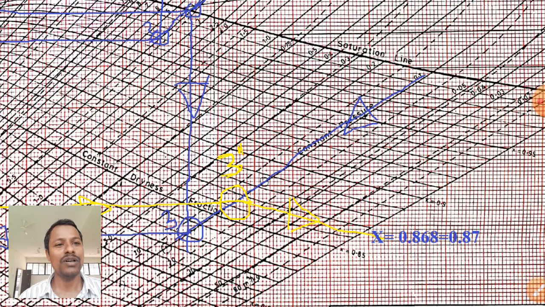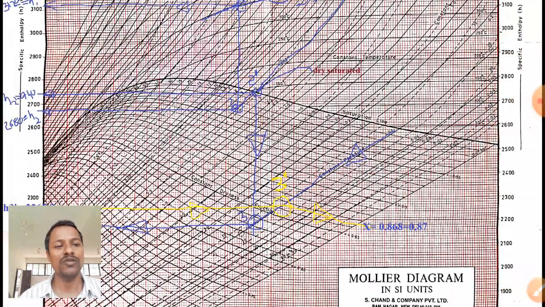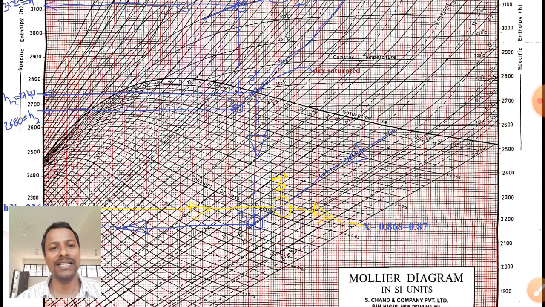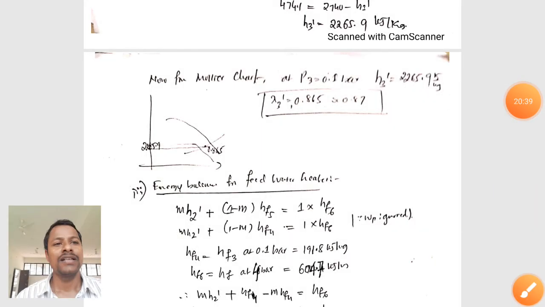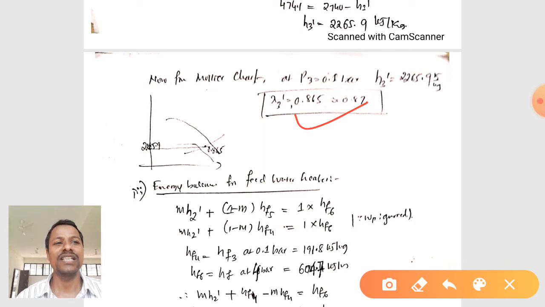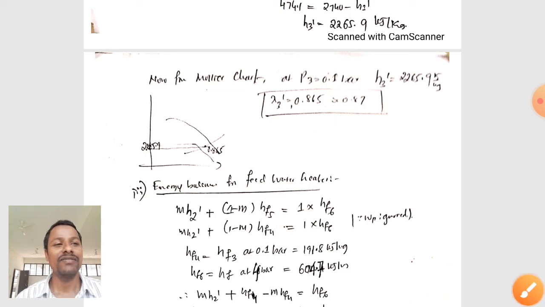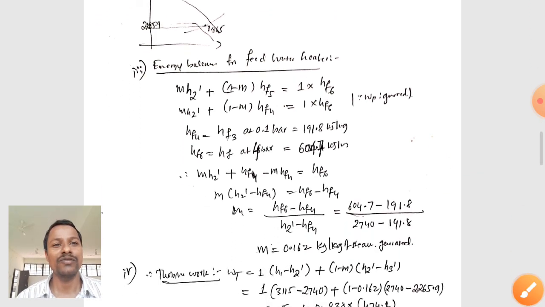So this is how we use the Mollier chart to determine the condition of the steam at the second stage of the turbine. Now we referred to the Mollier chart and calculated the condition of the steam at the second stage turbine outlet. Now let us refer to the third part for the solution of this numerical.